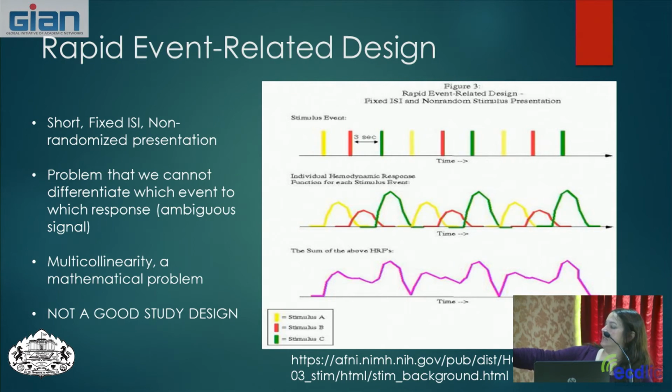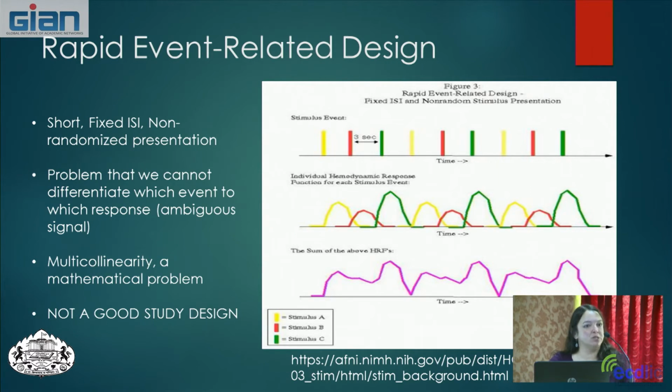You see in the next line here, this is a hemodynamic response. When they see something related, for example, with this yellow stimulus, their BOLD signal is going to come up and come back down. 3 seconds later, they see something related to this red stimulus. The BOLD signal also is coming up and down. 3 seconds later, the green stimulus, up and down again.